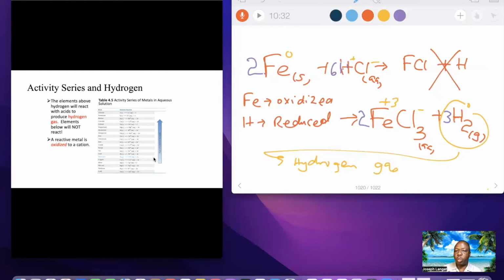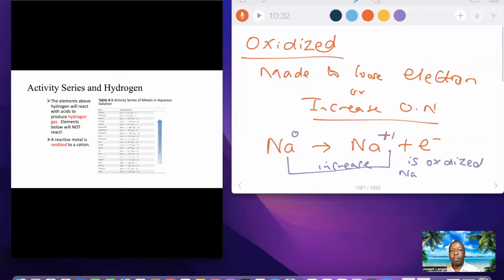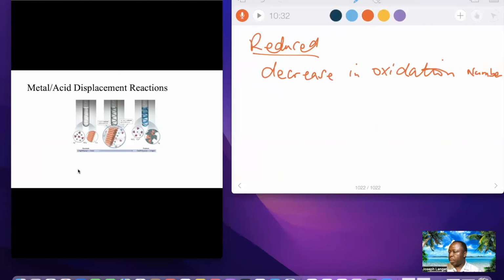So those are the two terms we have looked at. You should be able to identify in a redox reaction which one is oxidized and which one is reduced. So you'll know that there is a reduction when there is a decrease in what? Oxidation number. Now, there is what we call oxidizing agent, reducing agent, all right?